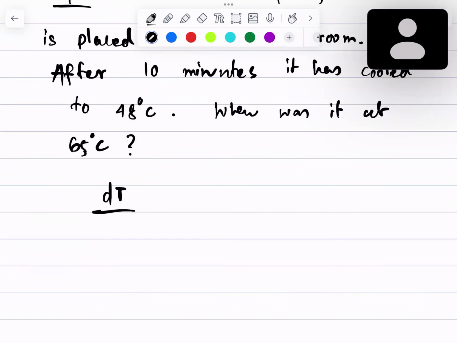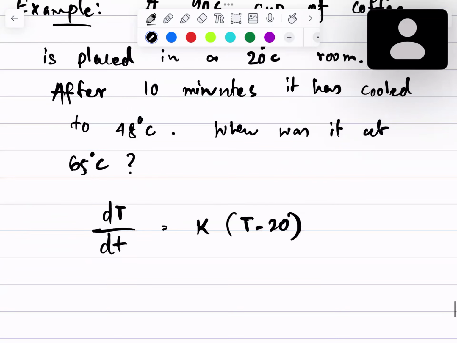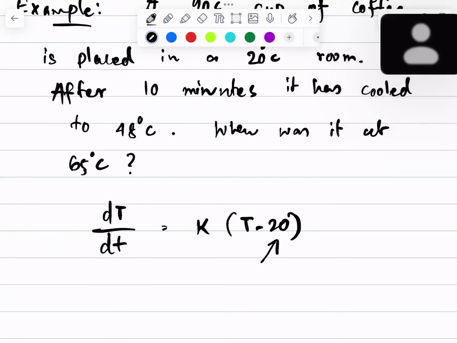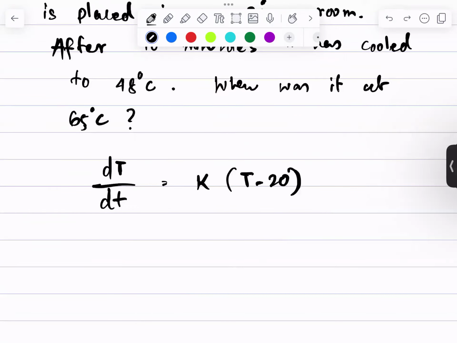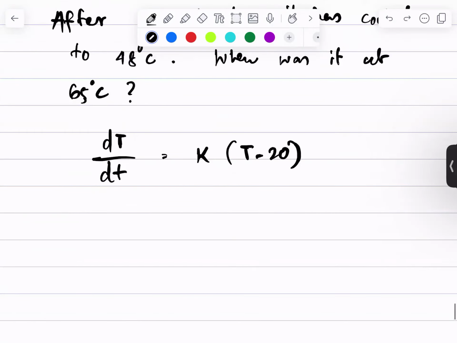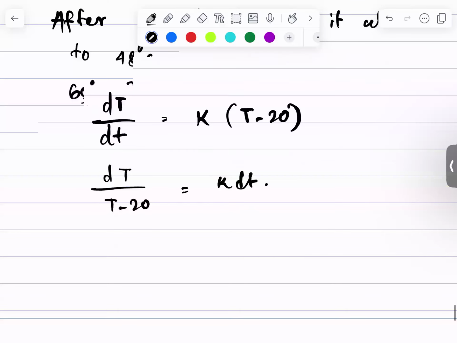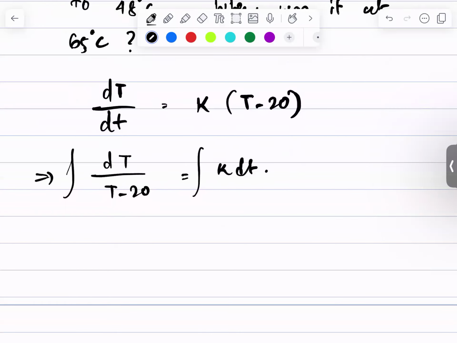So we have to use Newton's law here. So which is this. This 20 is the room temperature, sorry. So now if I try to solve it, then what will I get? So dT over T minus 20 is k dt, right? Separable, the same idea.